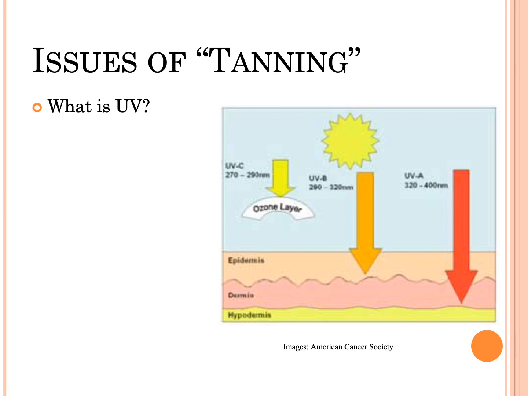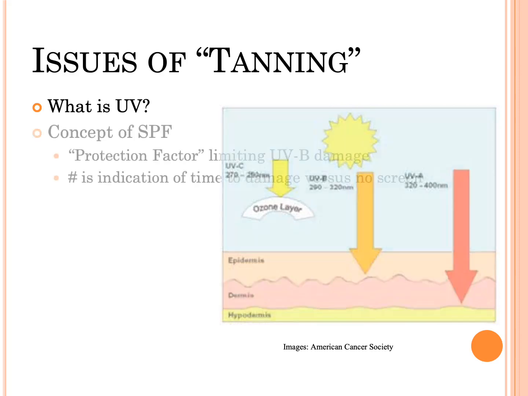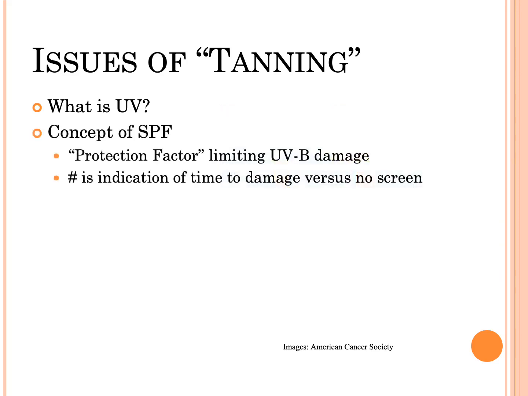Now, for people who don't have a high enough melanin amount, and for people with high enough melanin amount but will have excessive exposure, we have to somehow limit the amount of ultraviolet radiation that the person gets exposed to. And we do this through applying what's referred to as a sun protection factor cream. The sun protection factor cream, or SPF, is the protection factor that limits the amount of UVB damage that can take place, and thereby limits the amount of UVA exposure that we'll also get.